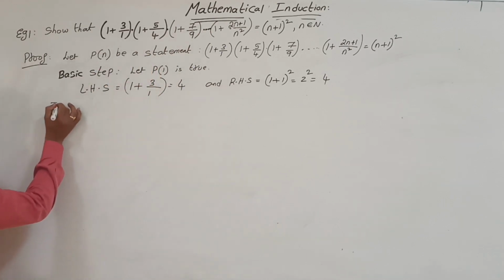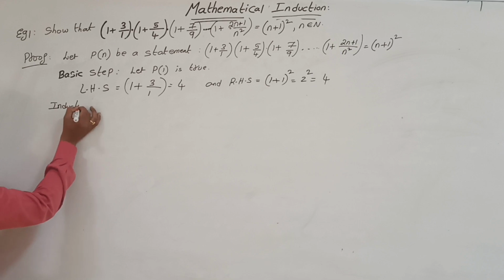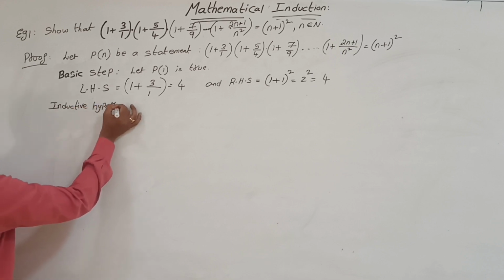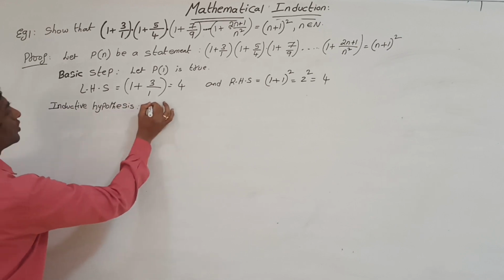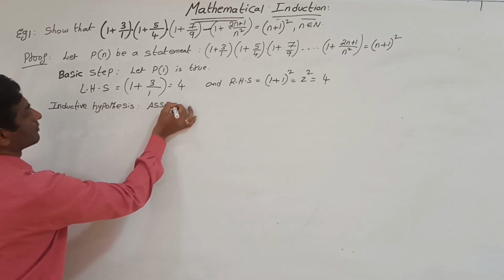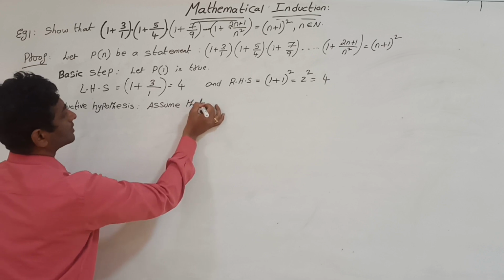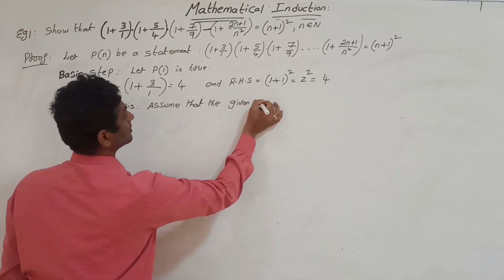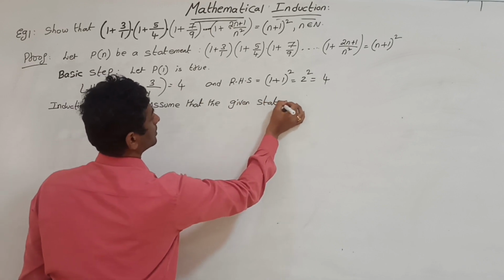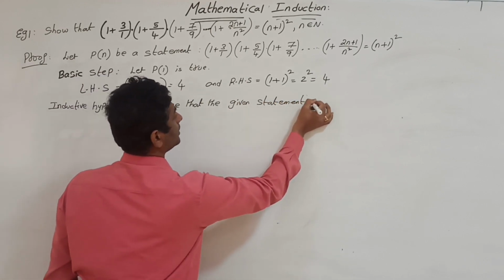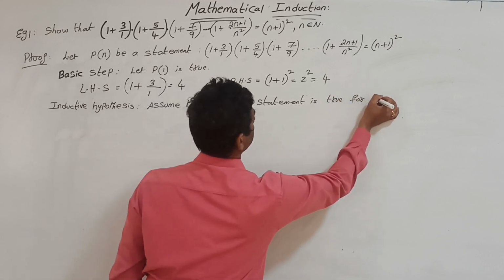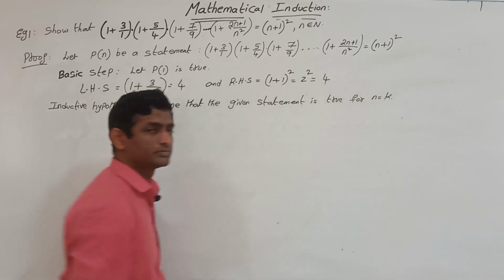Next, inductive hypothesis. So assume that the given statement is true for n is equal to k.